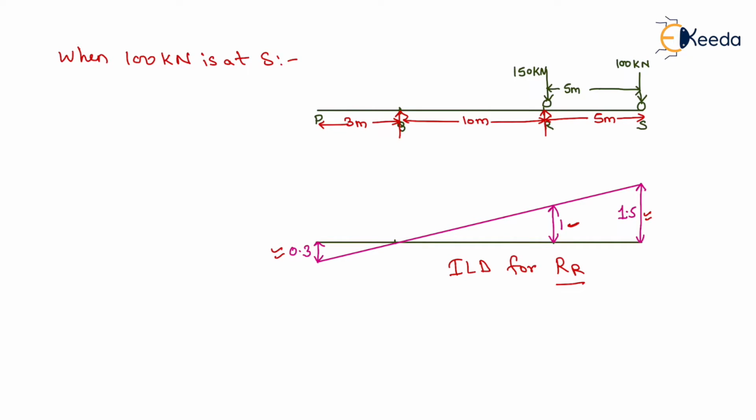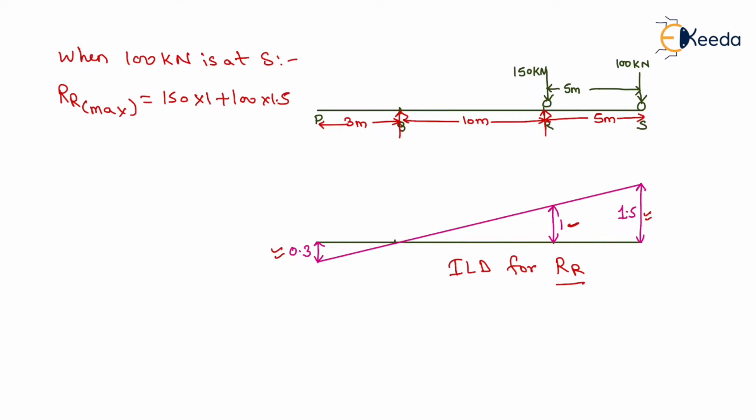Okay students. Now, for finding the maximum reaction at R, we need to place the 100 kN load at S as well as the 150 kN load at R, so that the reaction will be maximum. Now for the calculation of maximum reaction at R, we need to multiply the load with the ordinate, that is 150 into 1 plus 100 into 1.5.